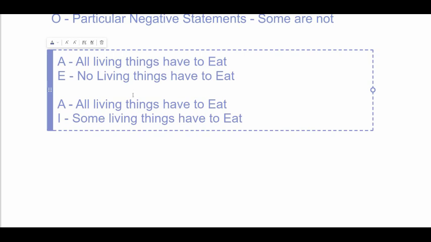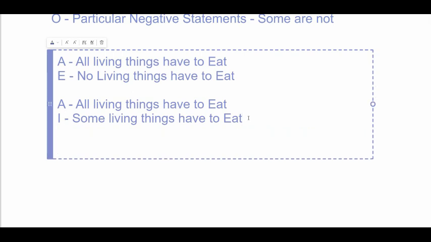Although for the time being, I am just showing you how to do the conversion from A to E, A to I, and A to O. What is the valid rule for conversion? This is simple conversion. It is not the converse that we are going to cover later on. This is converting from one proposition type to another proposition type.